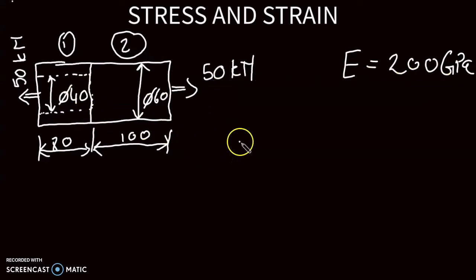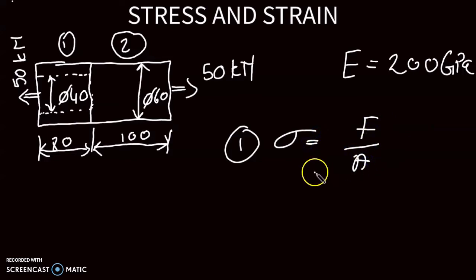And then question number 1, they say calculate the maximum stress in the rod. We know stress is given by force divided by area. Now the question is, which one of these two is going to experience the maximum stress since we are having the same force?